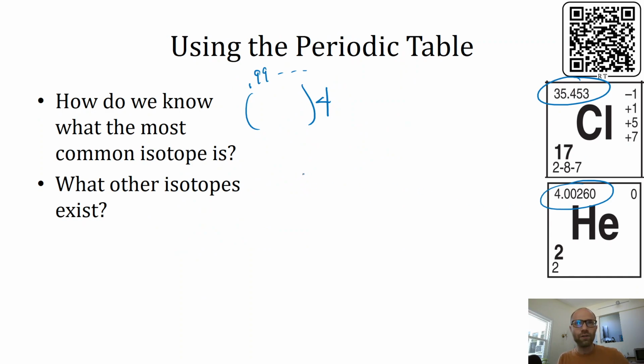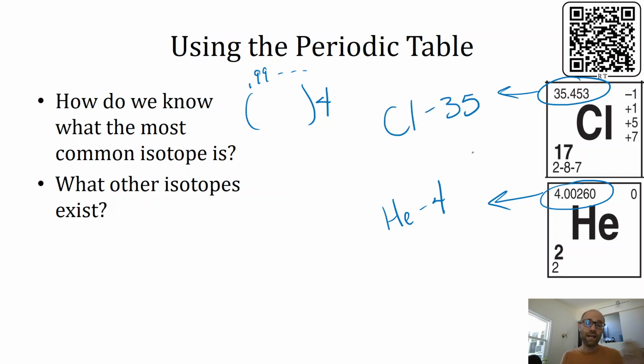The weighted average, the answer, is closest to the most common isotope of the element. So the most common isotope here is probably helium-4, and the most common isotope for chlorine is probably chlorine-35. Is that a guarantee? No, not really, but it is a good, quick estimation that you can make moving forward if you don't have any other information.